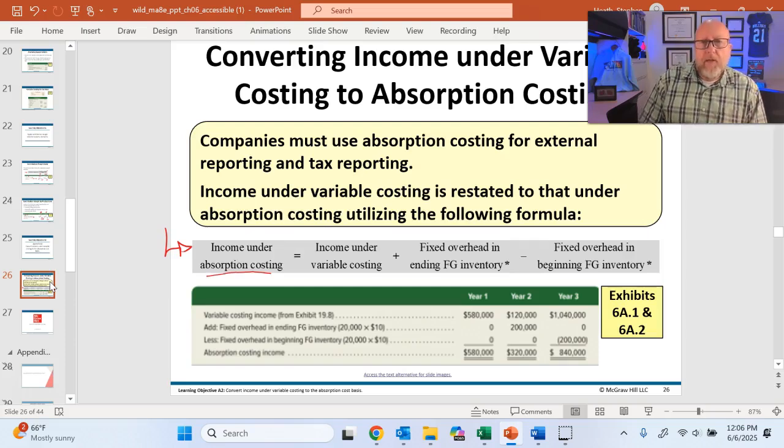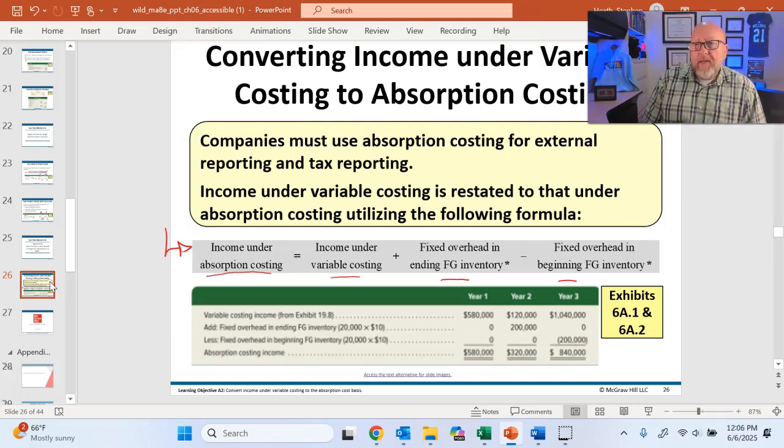So what I'm going to do is start with income under variable costing. Then I'm going to add fixed overhead in ending finished goods inventory. And then I'm going to subtract fixed overhead in beginning finished goods inventory. Okay.